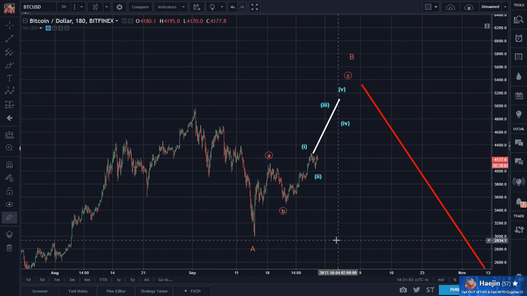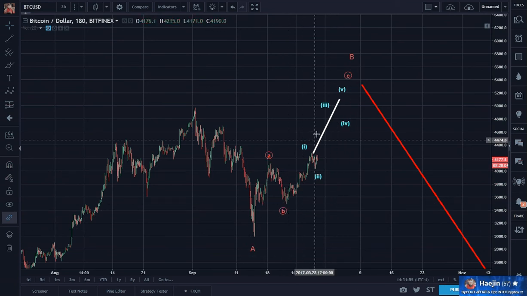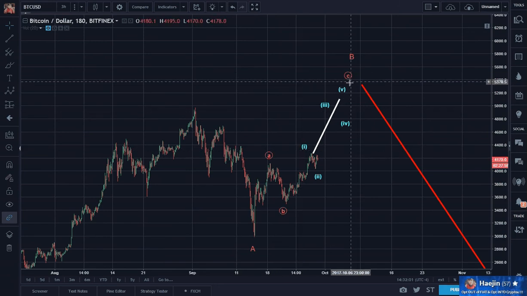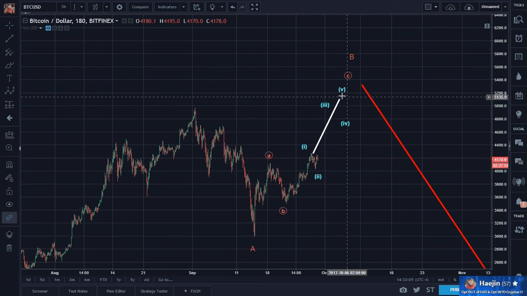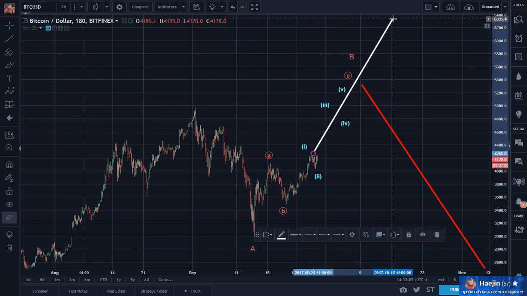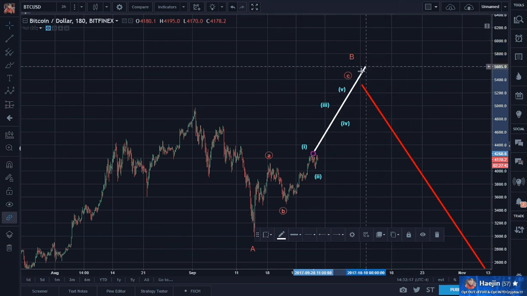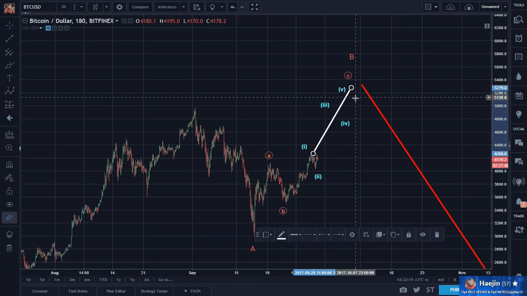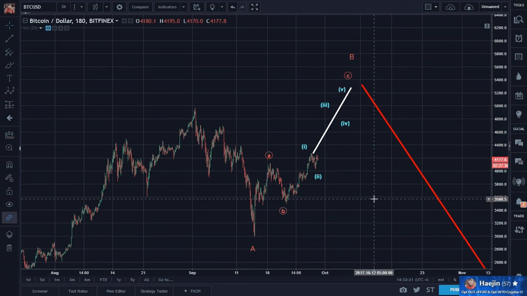There's a rule that says if wave 3 is extended, 1 and 5 are about the same, equal in price height. And I'm thinking if 5 becomes extended, 1 and 3 could add up equaling 5. But I don't have enough data to confirm that. But that's what I'm suspecting.